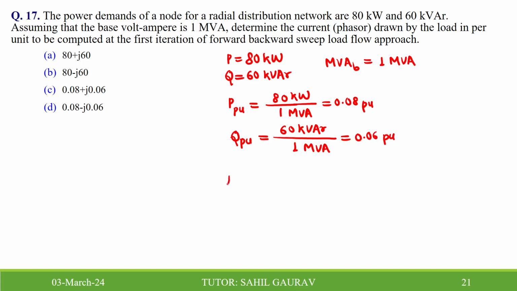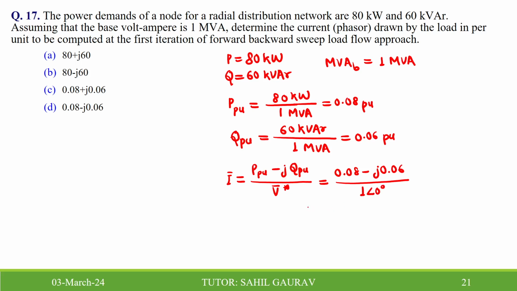And we know the load current expression: it will become P per unit minus jQ per unit upon V conjugate. So P per unit is 0.08 minus j 0.06, and for voltage magnitude, take the initial guess as 1 per unit.